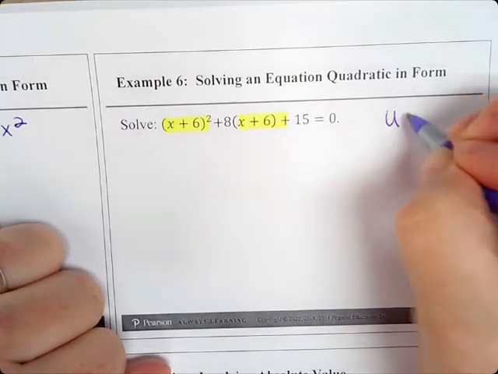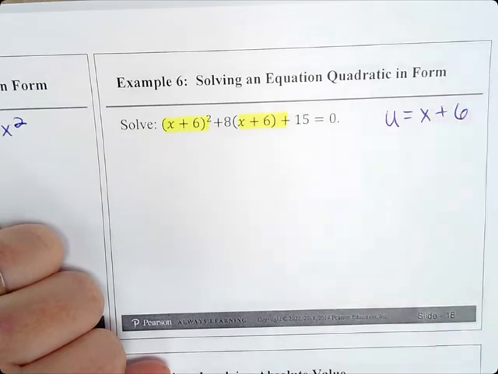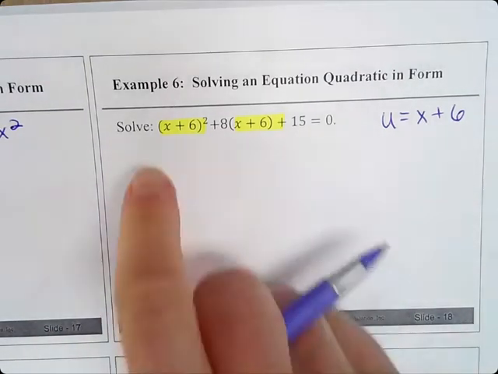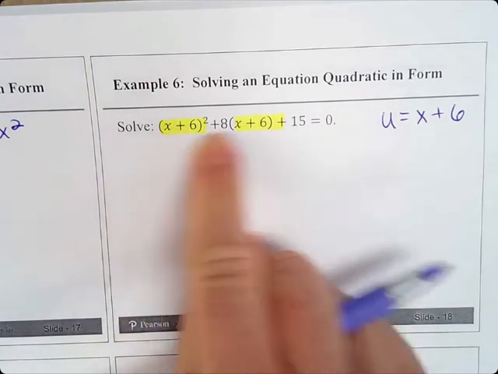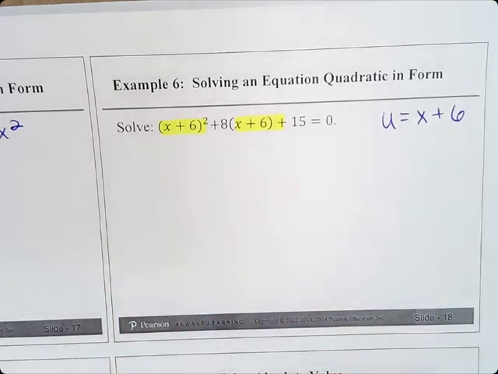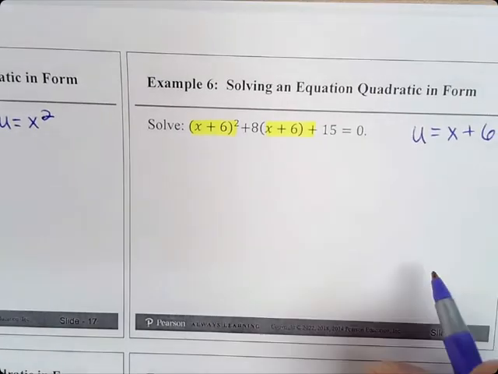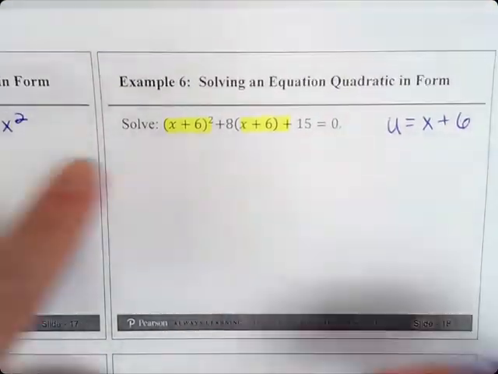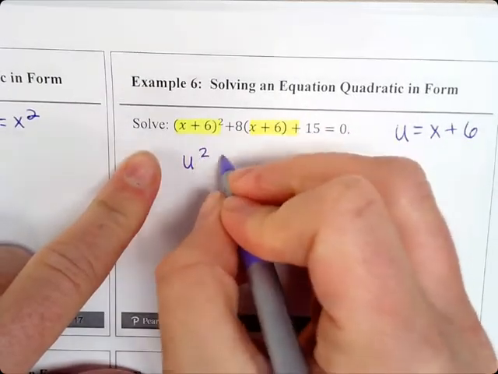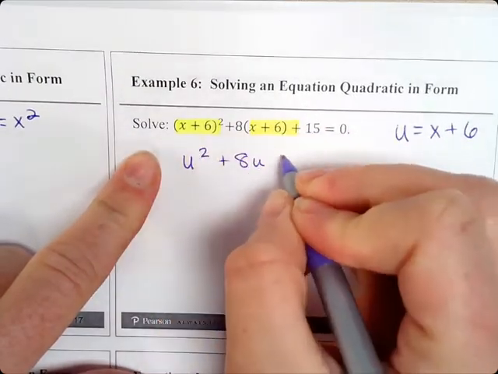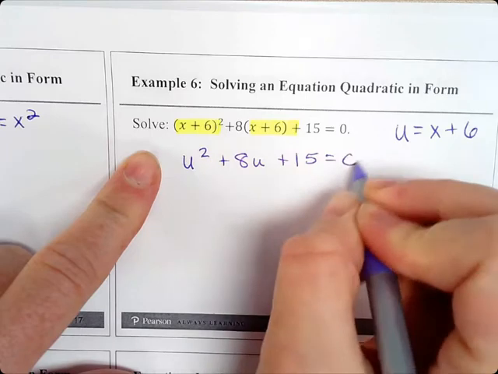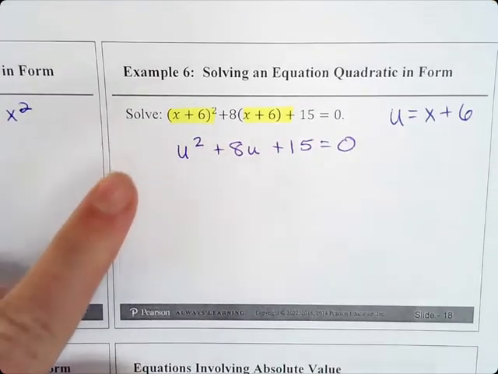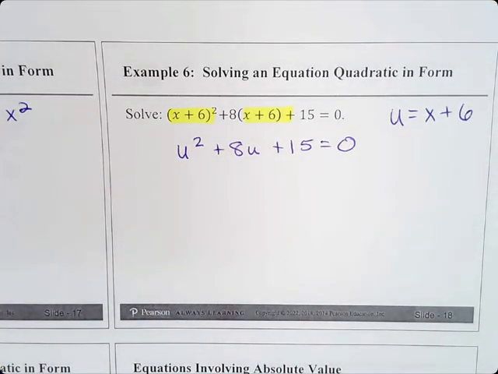We can say that u equals x plus 6. So instead of distributing, combining like terms, and then factoring, we can make it a little bit easier by doing it this way. So now we have u squared plus 8u plus 15 equals 0. And that makes it a whole lot easier.